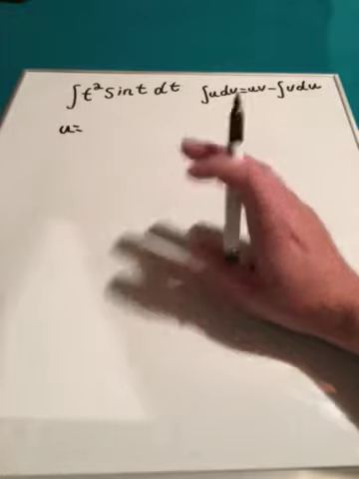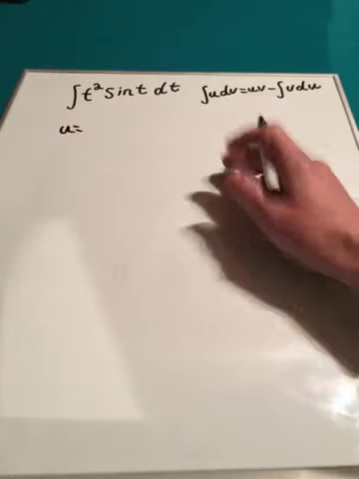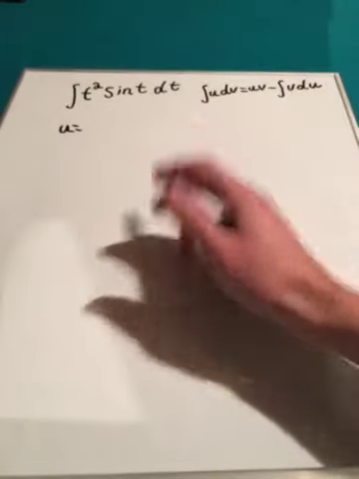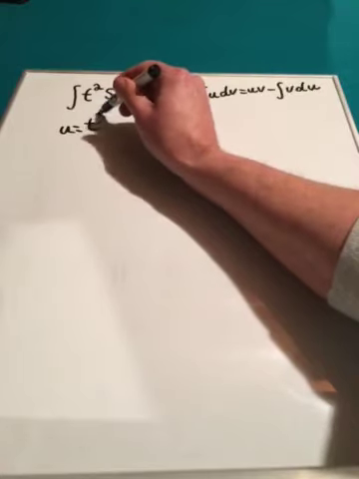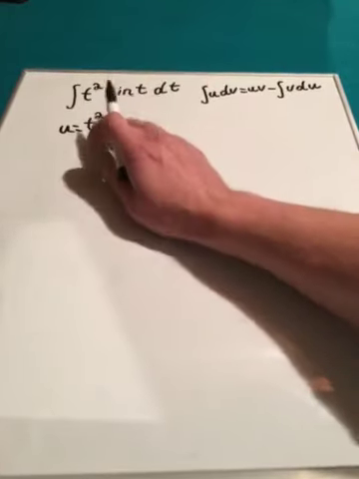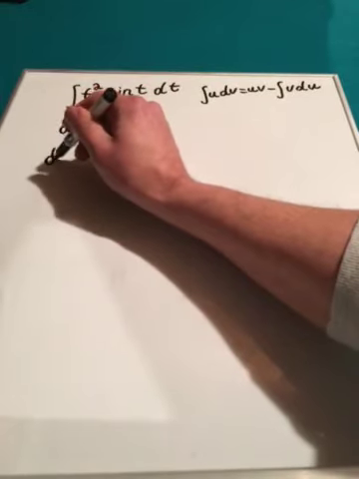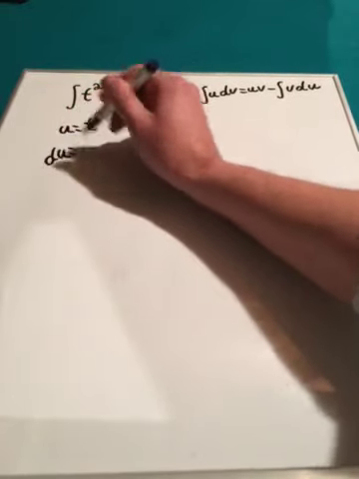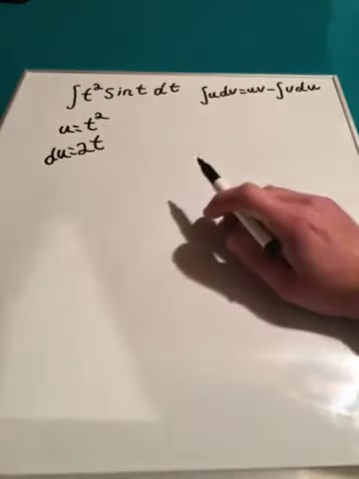And whatever is left over, we better be able to integrate that part. So a good choice here, I think, is to let u be t squared, because then the derivative, du, is just 2t dt. And that power decreased.